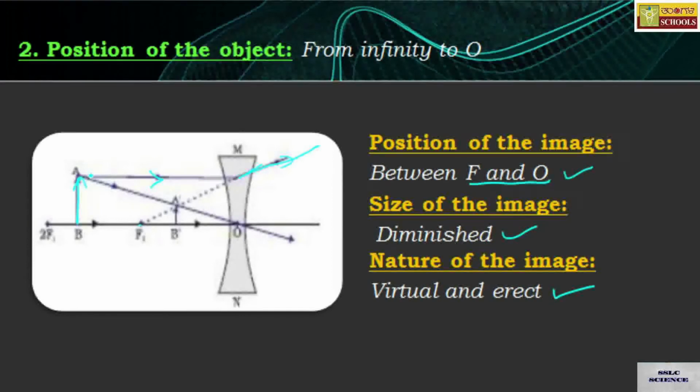On the other side, if you plot the ray through the optic center O like this, it will intersect. At the point of intersection, you will have the image A dash and B dash, which is diminished, smaller in size, and it is virtual and erect. So this is the position of the object and the image characteristics.